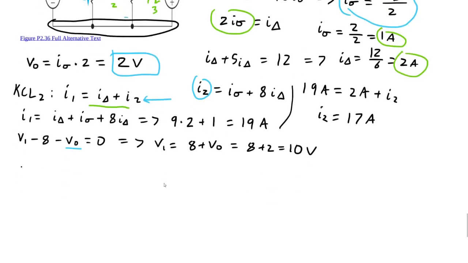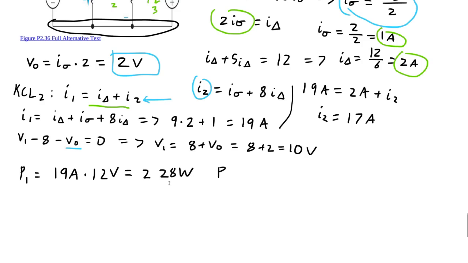But let's just do the magnitudes to save a bit of time. It doesn't make a big difference here. So we're going to call that P1 for the 12-volt source. If I1 is 19 amps, and the voltage is 12 volts, 19 times 12 is 228 watts.